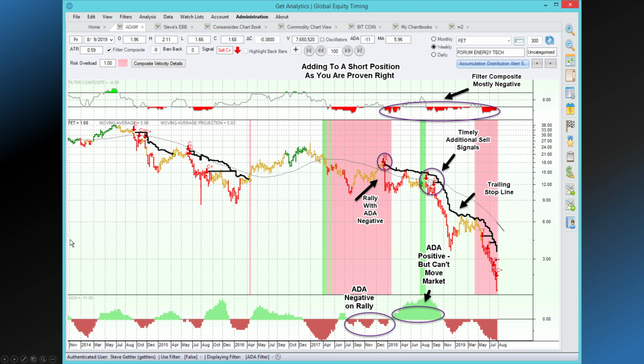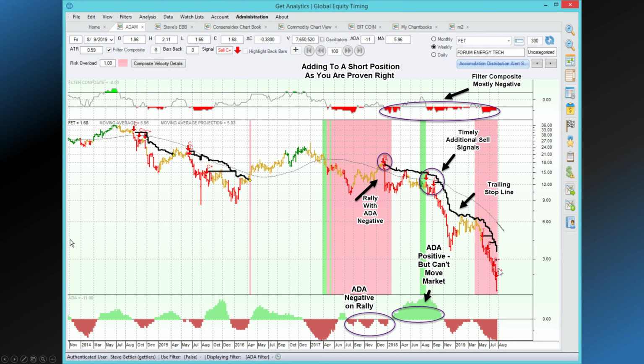You can pyramid the position by adding as it goes down and really exploit the opportunity, making more than 100% on the stock because you are able to add short sales as it went down in price. This is a real advantage of global equity timing. It gives you consecutive sell signals as something continues to drop.